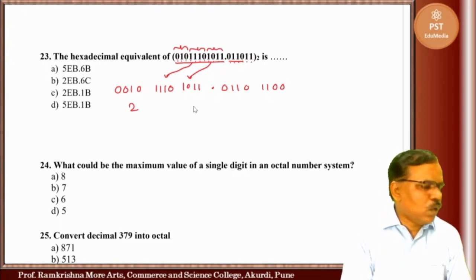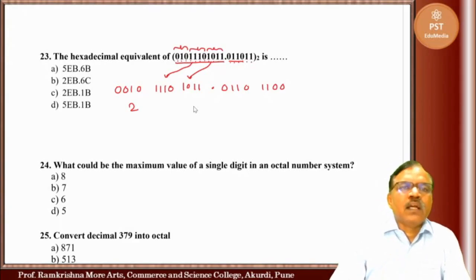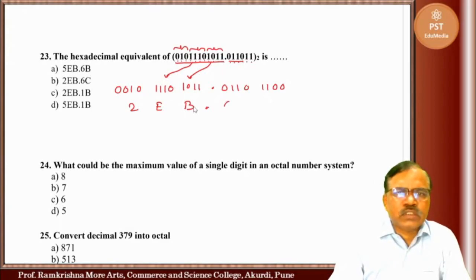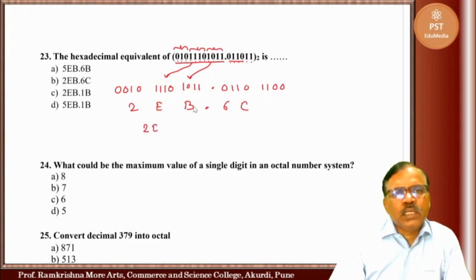So here 1110 is 14 decimal, in hexadecimal it is E. 1011 is 11, and in hexadecimal it is B. Point 0110, this is 6, and 1100, that is C. So the number is 2EB.6C.